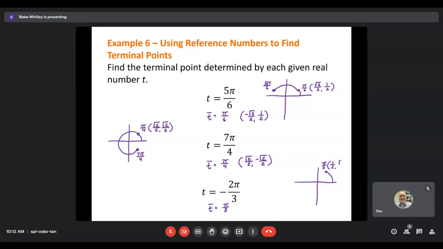That's 1/2, √3/2 as our terminal point. -2 pi/3, though, recall, was down here. And so now, because we're in the third quadrant, both the x and the y value should become negative. So this is going to give us -1/2, negative √3/2.